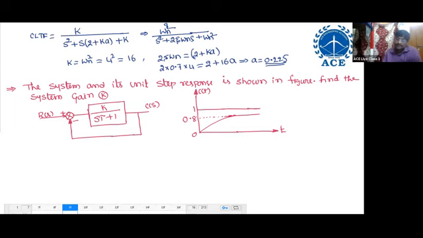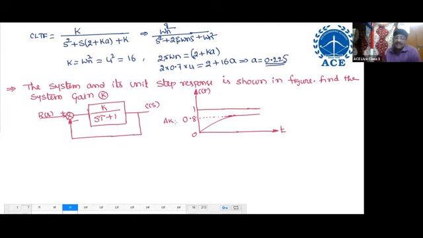Tell the answer. 0.8. Why are you telling 0.8? I think you are taking this as AK, and A is 1. What is K here?